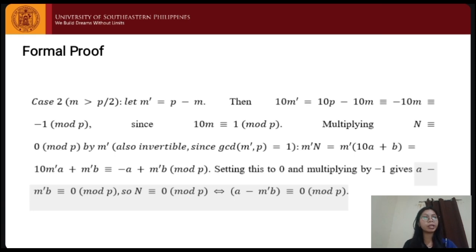That's why we can write this congruence in the equivalent subtraction form: m prime times b minus a is congruent to 0 modulo p. Therefore, checking whether m prime times b minus a is divisible by p gives exactly the same answer.